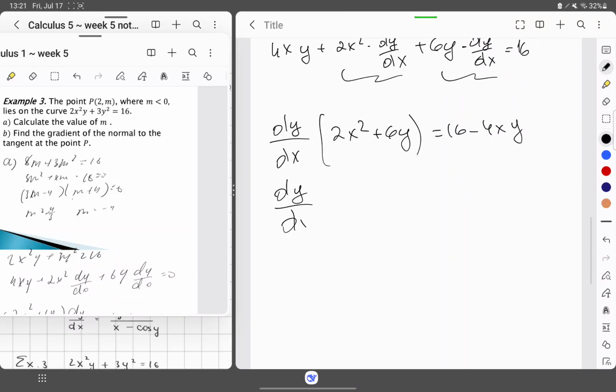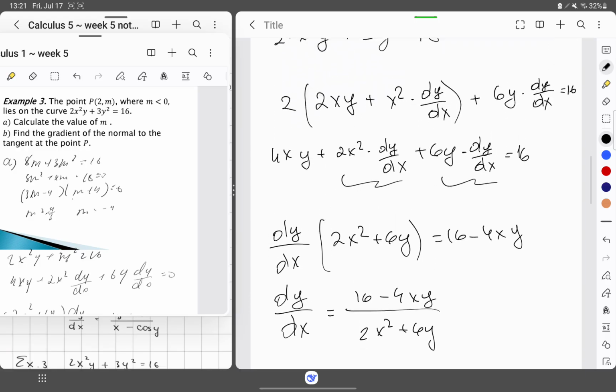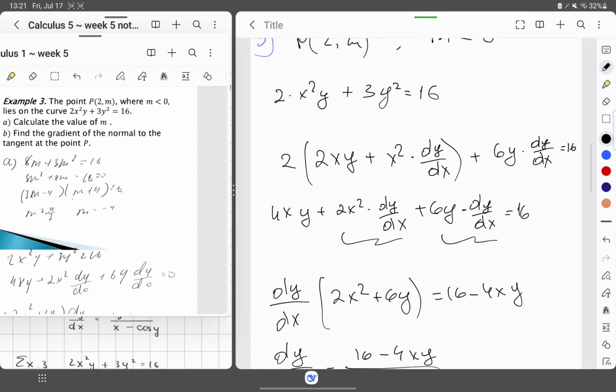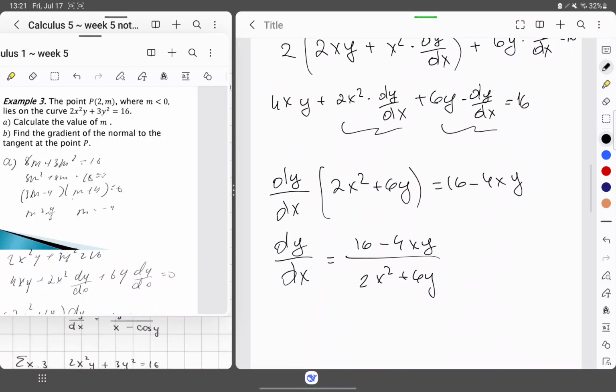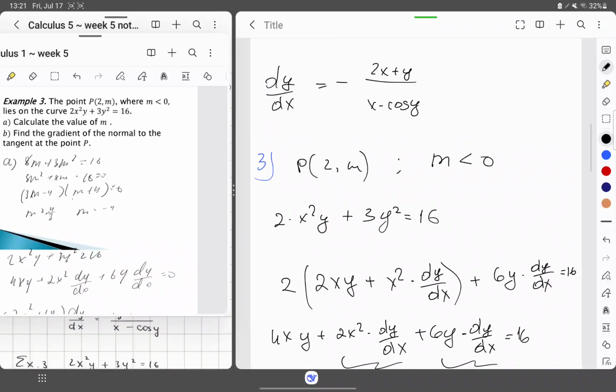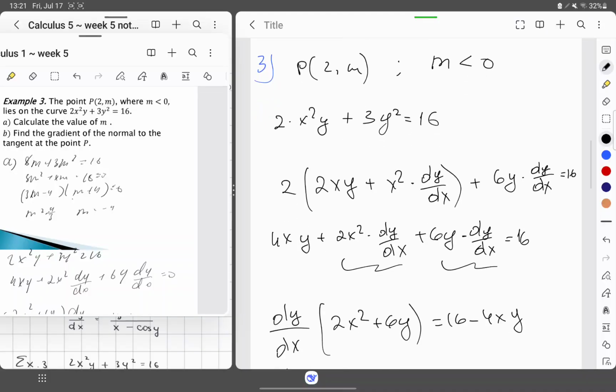dy over dx times 2x squared plus 6y equals 16 minus 4xy. So dy over dx will be 16 minus 4xy over 2x squared plus 6y. And we have this equation, and I don't know if it's true or not, but anyways, we will start again if it's not true.